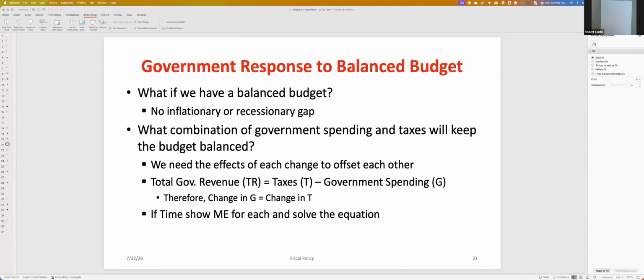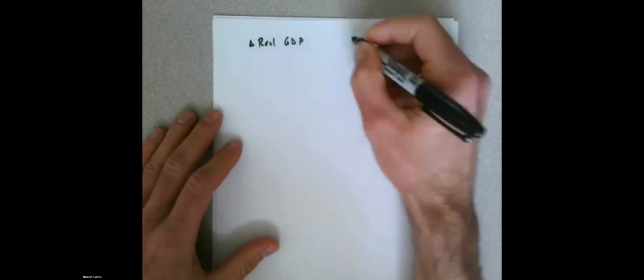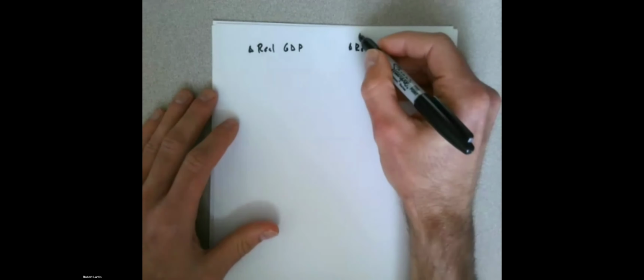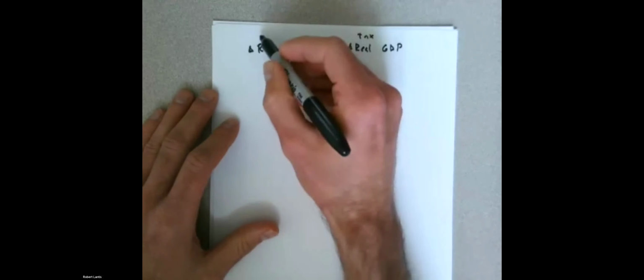So one thing I touched on last class, but just to review it, we said that each change is going to have its own multiplier. So we said if we were thinking about the change in real GDP, let's assume that we wanted to keep the budget balanced, right? So we have the change that's going to come from taxes and the change in government spending.